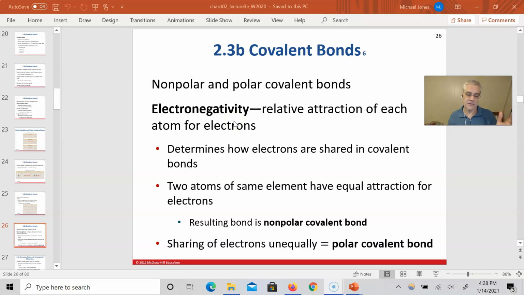It doesn't matter whether you understand the concept of electronegativity. The big idea here is that one of those atoms pulls a little harder on the electron pair that it is sharing with the other atom. That's called a polar covalent bond. This concept really matters in physiology.